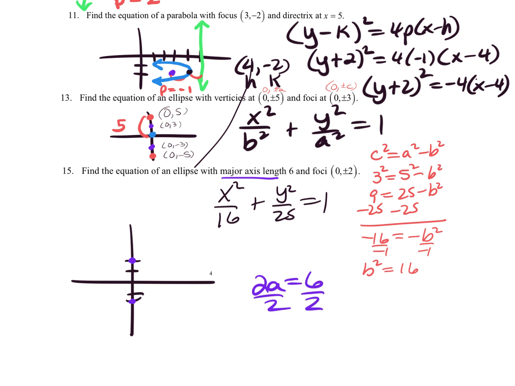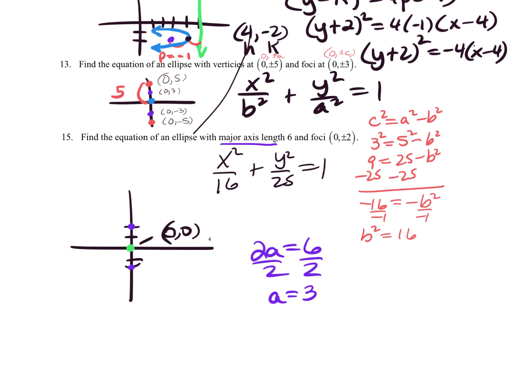So divide, and my a value is 3. Now, I can also see here that the midpoint between the two focus points is the ordered pair 0, 0. So that's my center. So my c value is the distance between the center and the foci. So c is equal to 2.